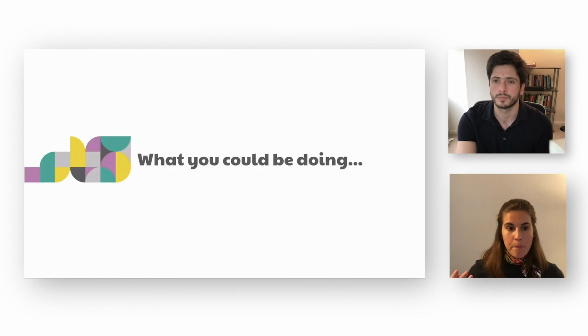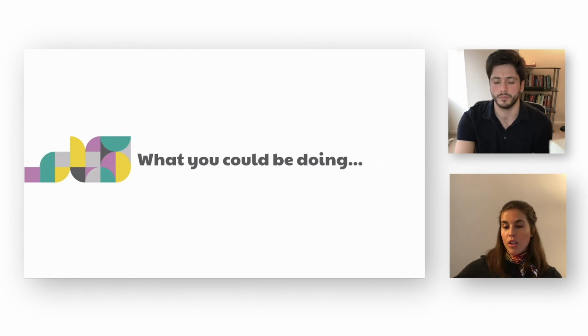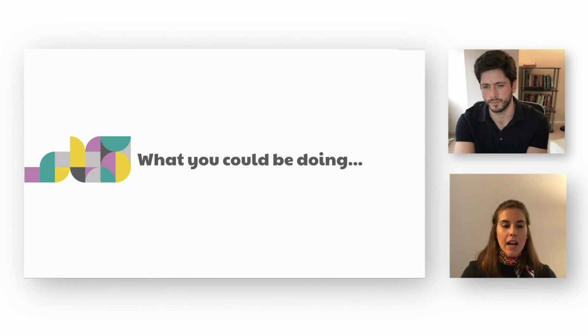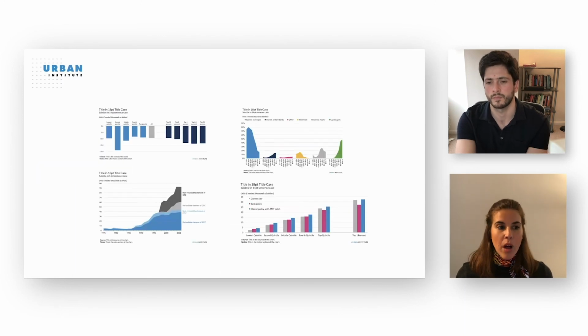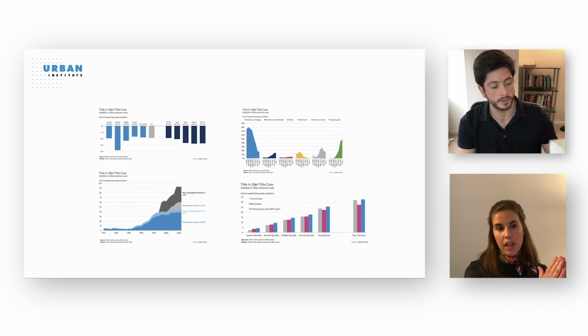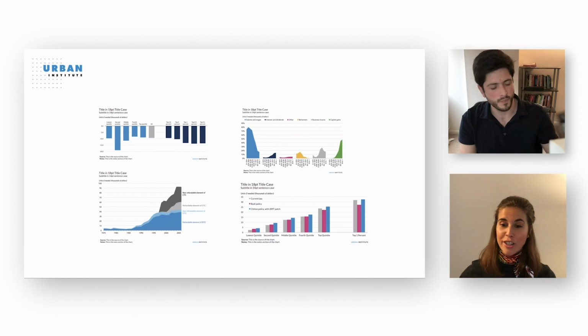So these are some examples of what you could be doing once you go through each phase. We include here an example of the Urban Institute. If you go on their website and you see the reports that they produce, you'll see that they meet all these consistency requirements, color, typography.